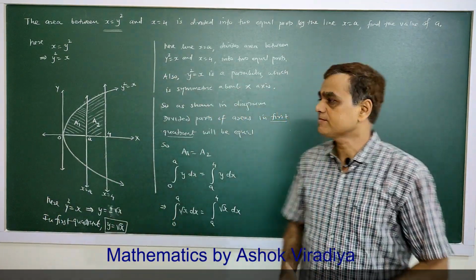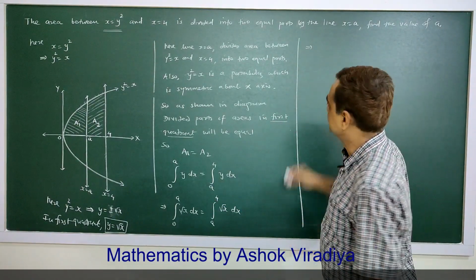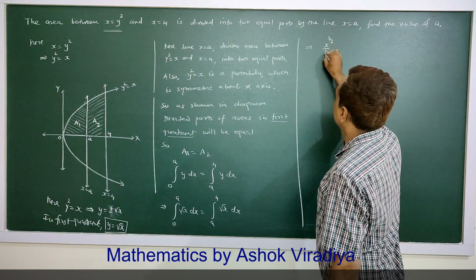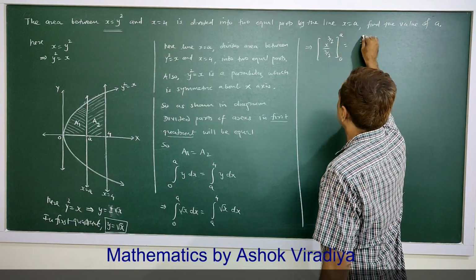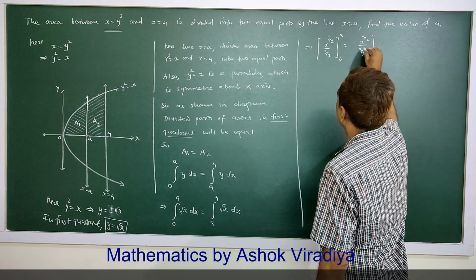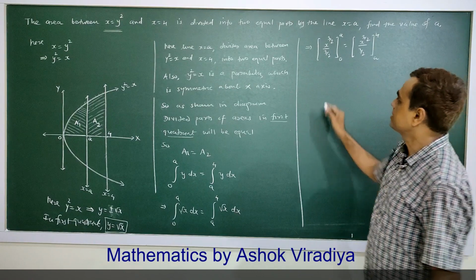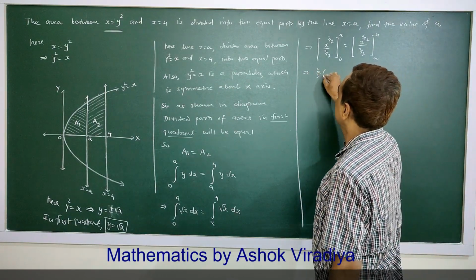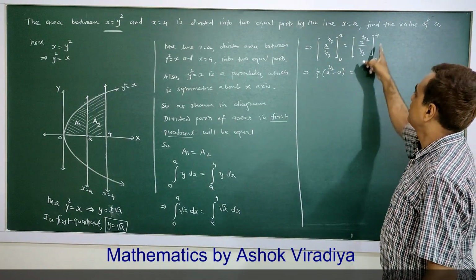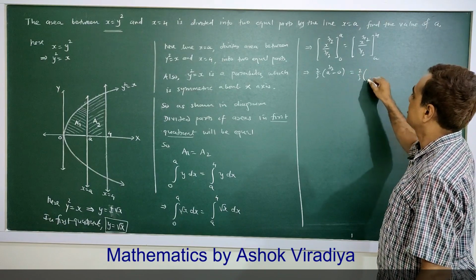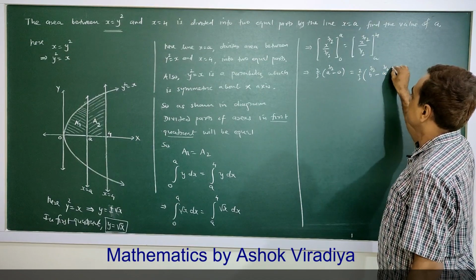Now solving this equation, the integral of root x is x raised to 3 by 2 upon 3 by 2. So on the left, from 0 to a, and on the right, from a to 4, taking 2 by 3 common: 2 by 3 times a raised to 3 by 2 minus 0 equals 2 by 3 times, putting 4 here, 4 raised to 3 by 2 minus a raised to 3 by 2.